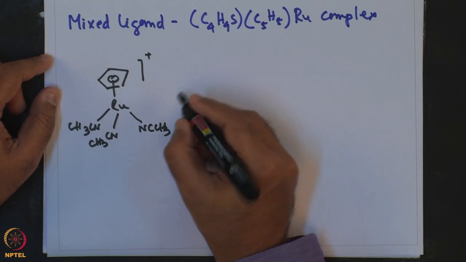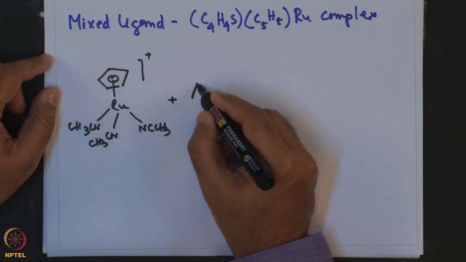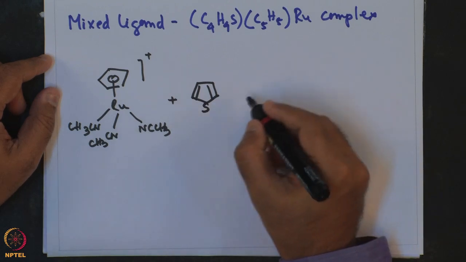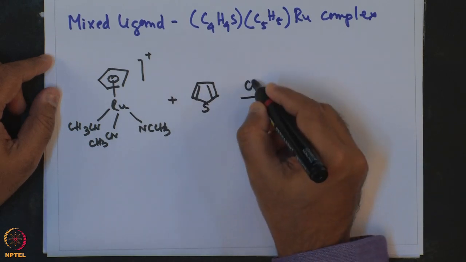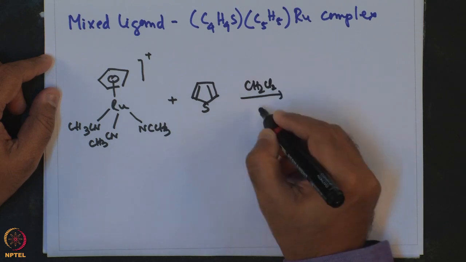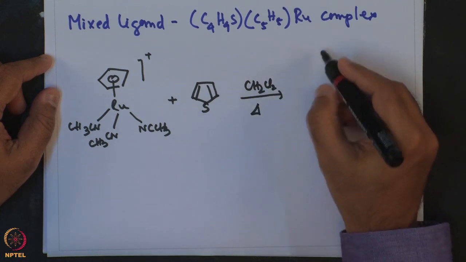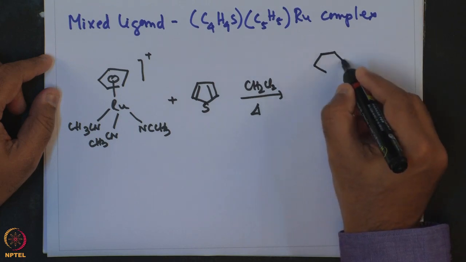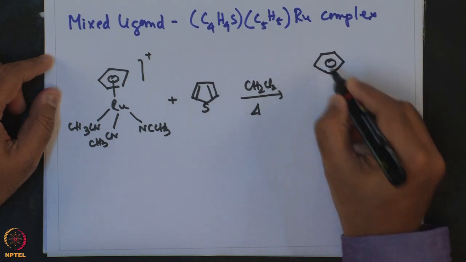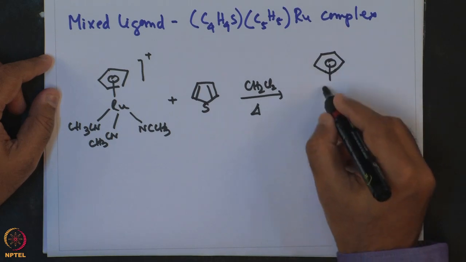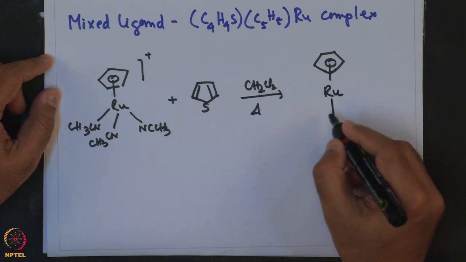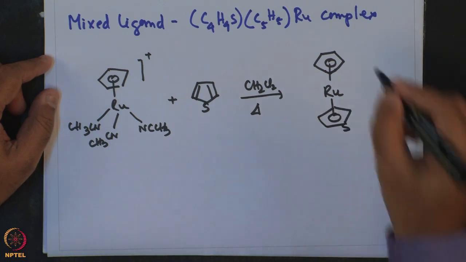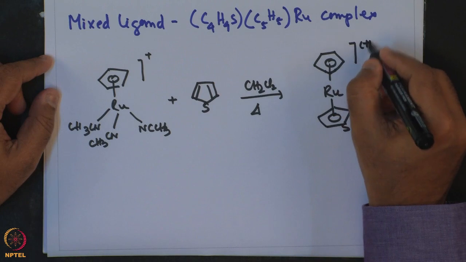When treated with thiophene, in dichloromethane and heat, gives this Cp ruthenium thiophene cationic complex.